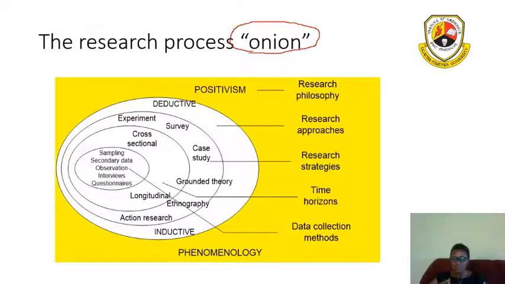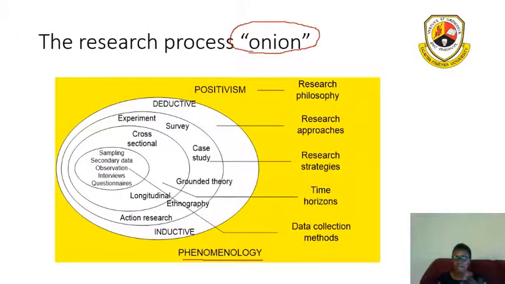So let us begin with what we see here, the word phenomena. So the phenomena would refer to the research problem, the research area, the thing that you want to focus on, the area that you want to focus on in your research. So you would have identified your phenomena or your problem, the area that you want to tackle.